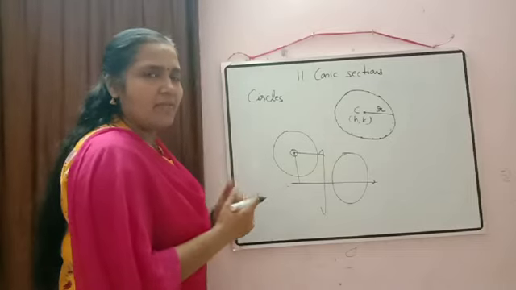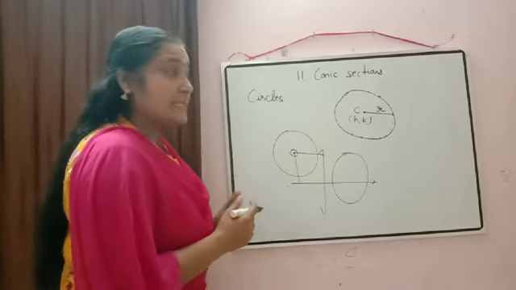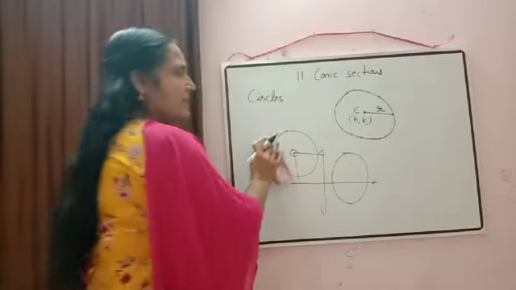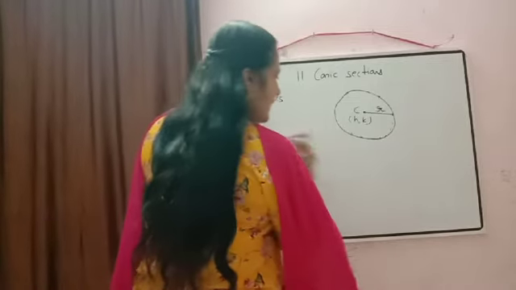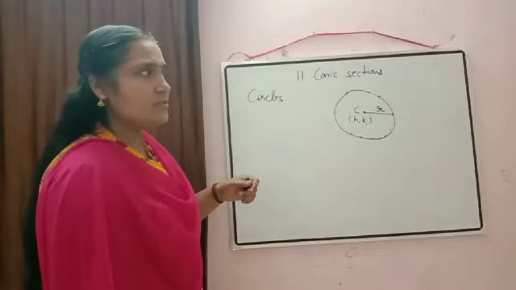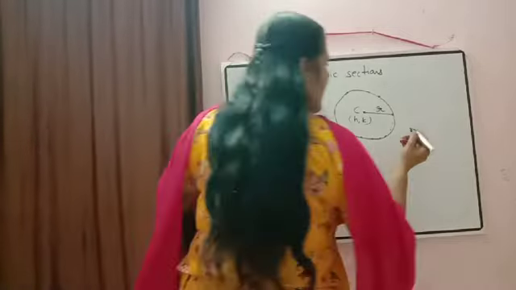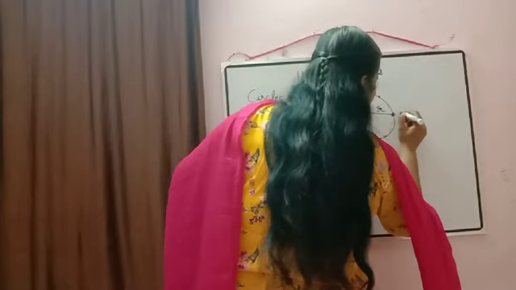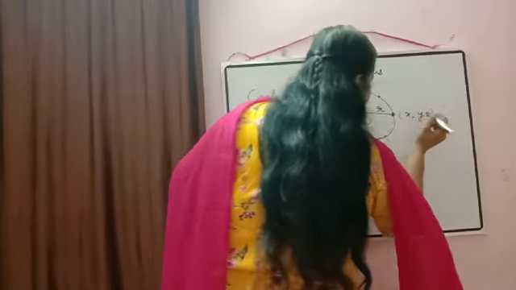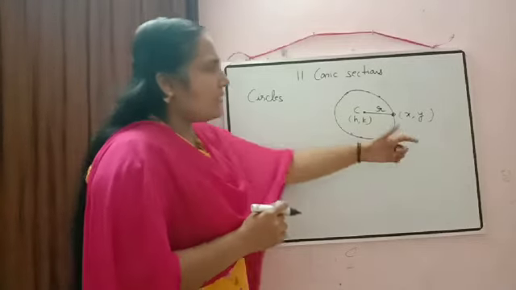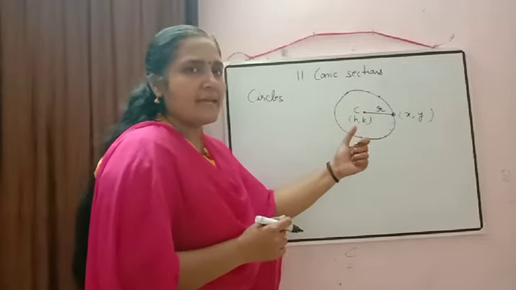In this way we find the center of the circle in the coordinate system, so I wrote the coordinates of the center as h comma k. Since it is an equation, x comma y will be an arbitrary point. Suppose I have taken a point x comma y on the circle, any arbitrary point. Can you tell me how we will calculate the radius?